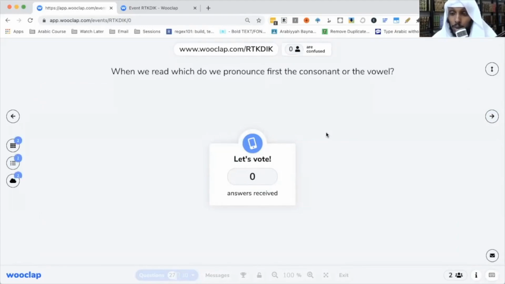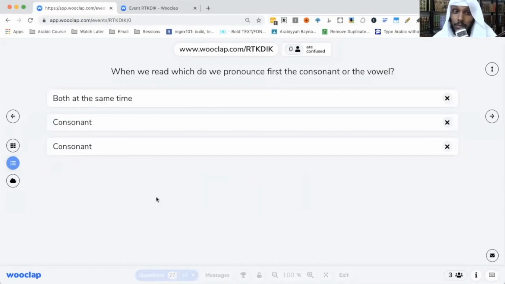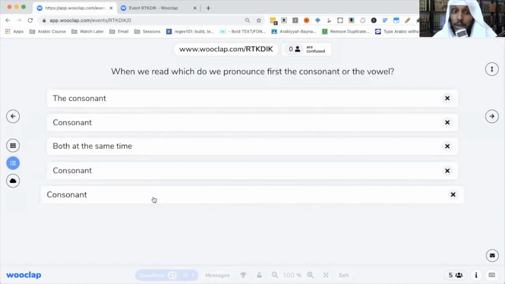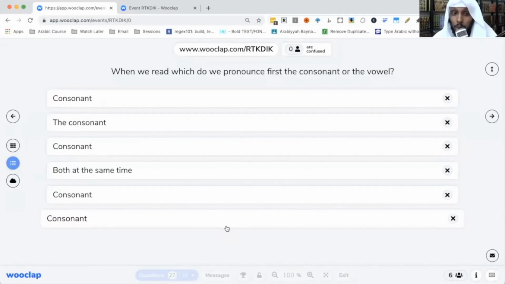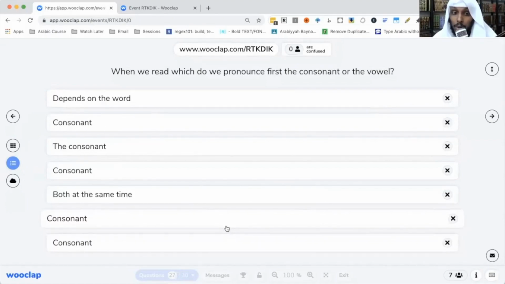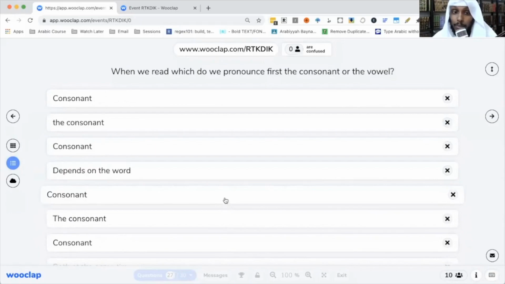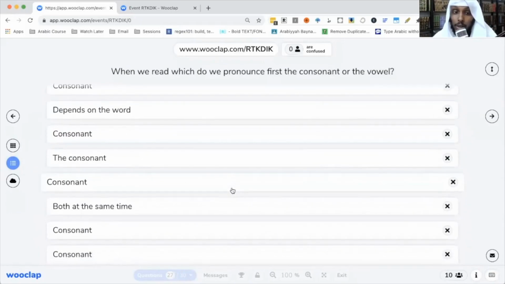The consonant or the vowel? Consonant. Someone said both at the same time. Okay, seems like no one is saying vowel. So we have consonant and both at the same time. Someone said depends on the word. Okay, no problem. Okay, good.